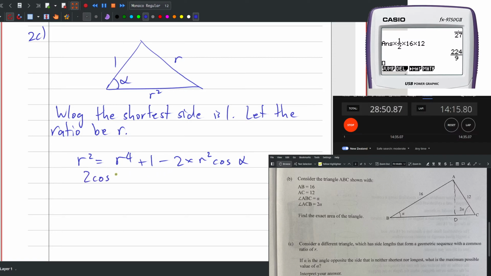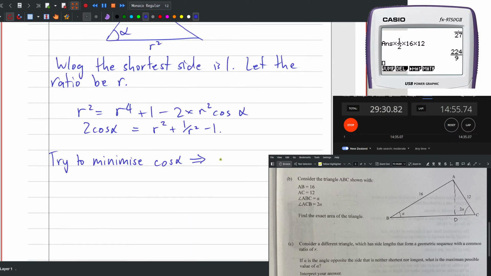So 2 cos alpha r to the 4 equals 1 on r squared minus 1. Okay. So now we're trying to minimize cos of alpha.